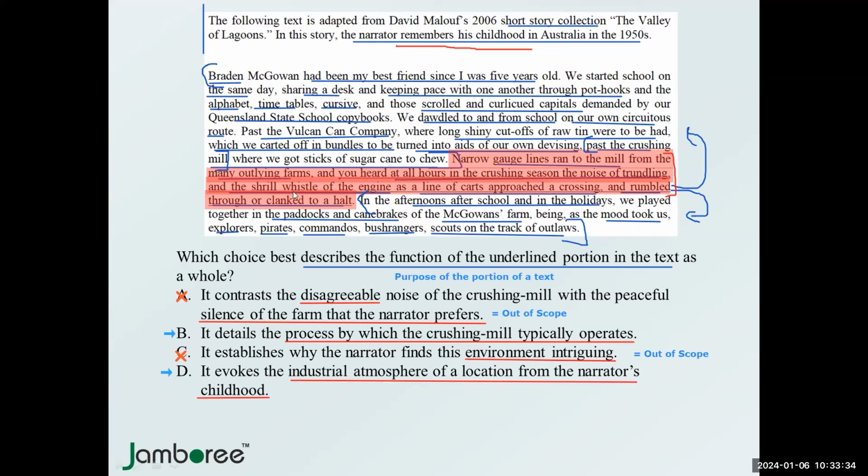Therefore, the focus of this text is not on the process of the crushing mill, however, to tell you that, you know what, this is where we got to have our own taste of the industry. This is where we took a break from our school related activities and we got to see how a crushing mill works. Therefore, B gets eliminated and D becomes our answer.